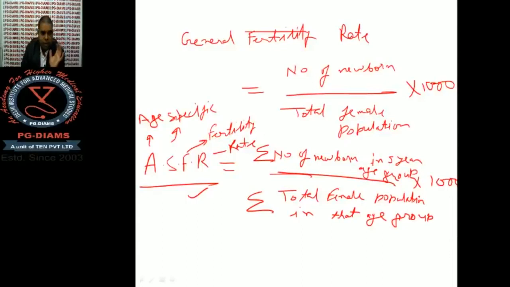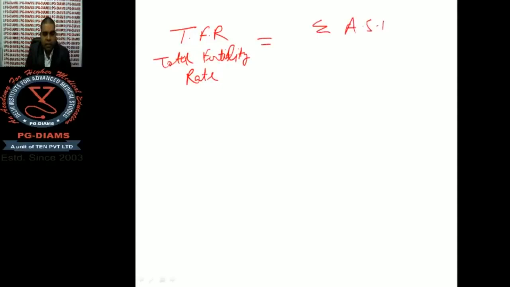Okay. Now, after age specific fertility rate, the next is total fertility rate. What is total fertility rate? It is the sum of all age specific fertility rates by 1000.